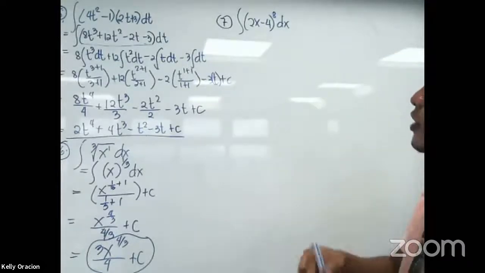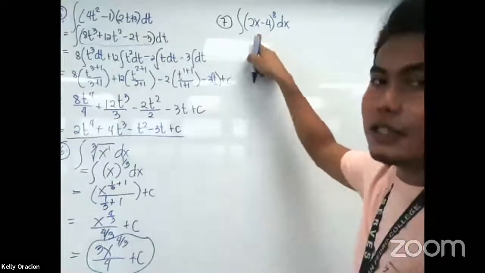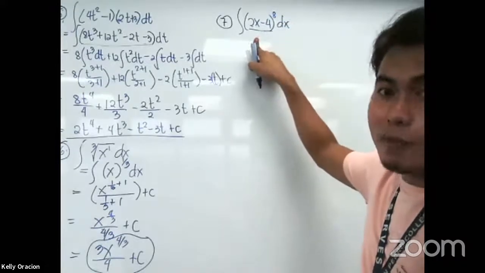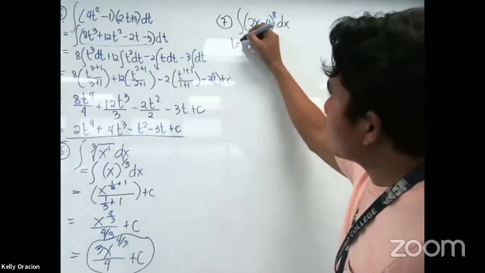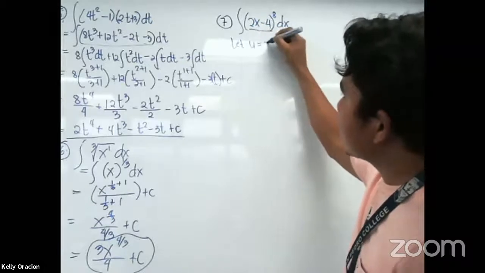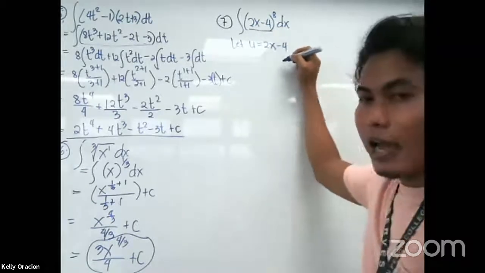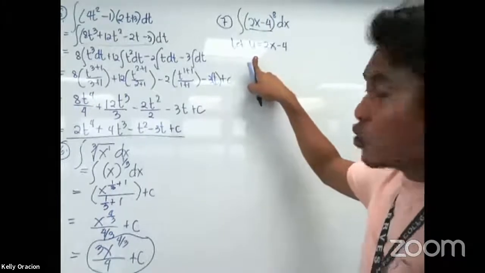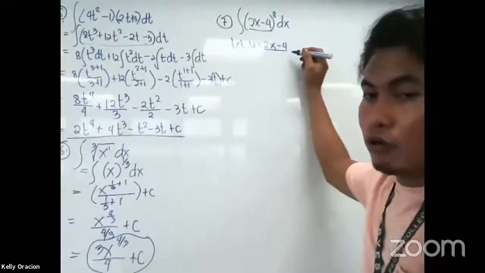Okay. So let's start. Kung ingani na case, we have this one, the base. The base is 2x minus 4. So you are going to assume that your base is u. So let u is equal to 2x minus 4.